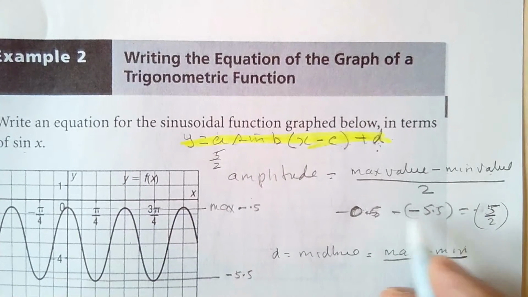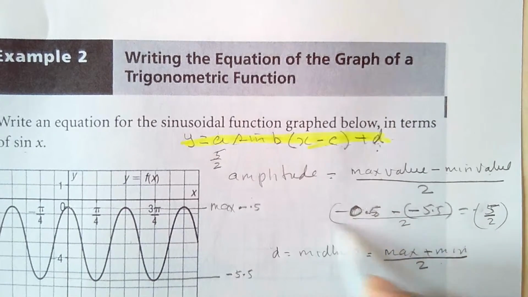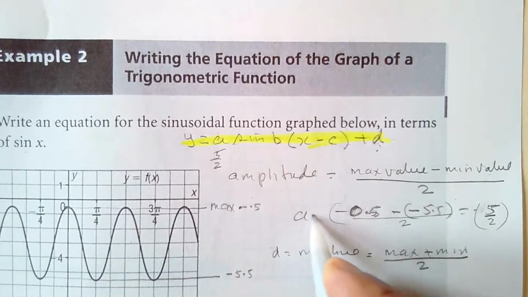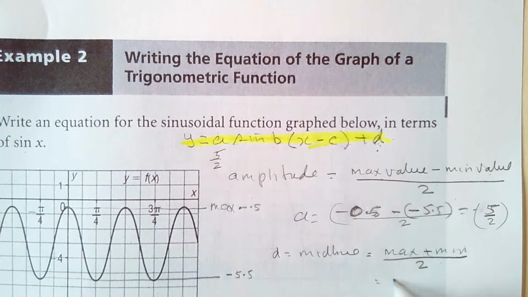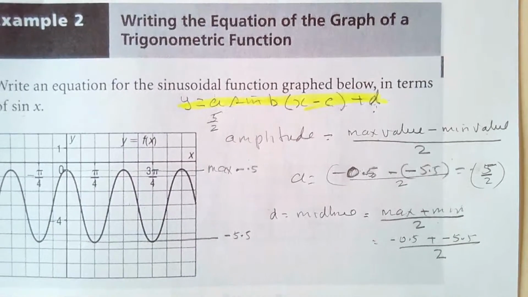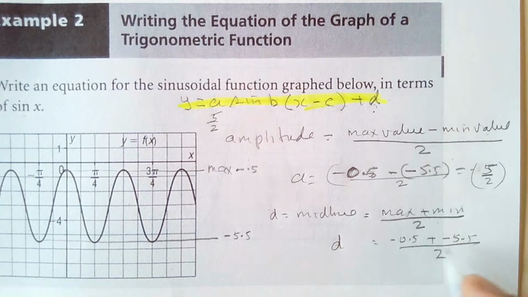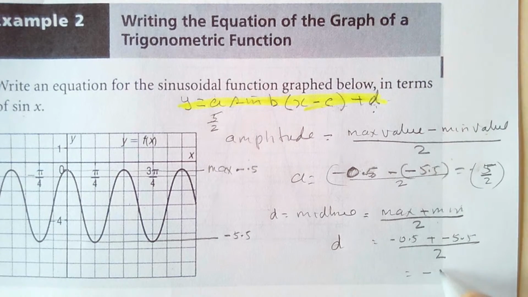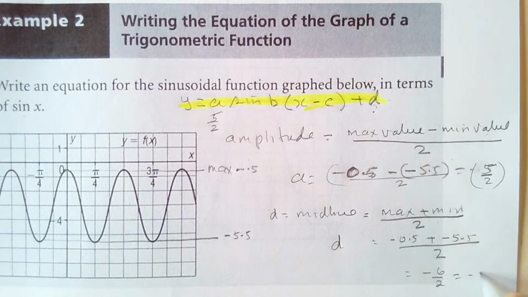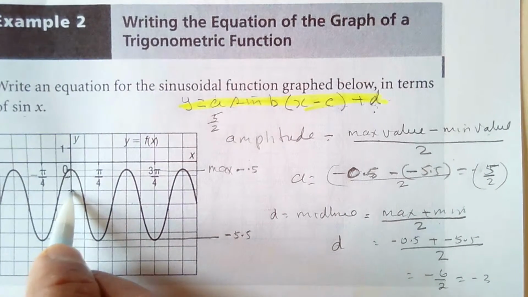So we already have it here. So we have negative 0.5 plus negative 5.5 over 2, which is D. So we end up with negative 6 over 2, which is negative 3. So our midline, so here is negative 1, negative 2, negative 3.